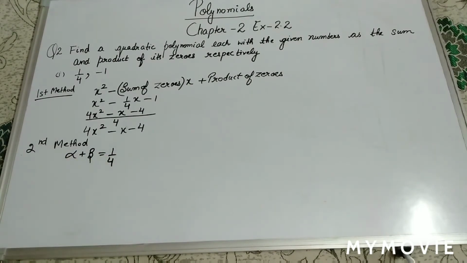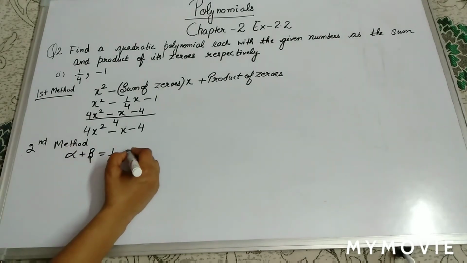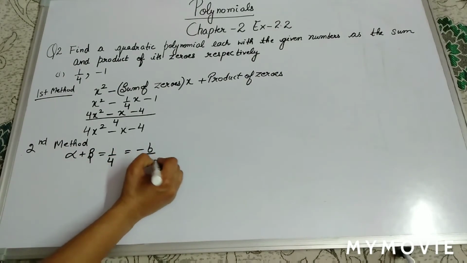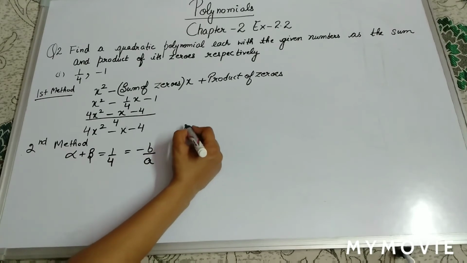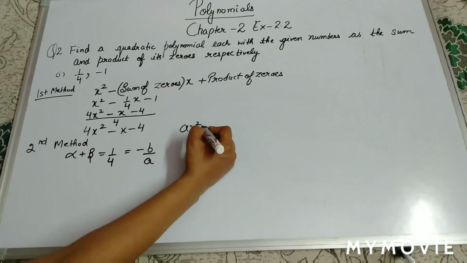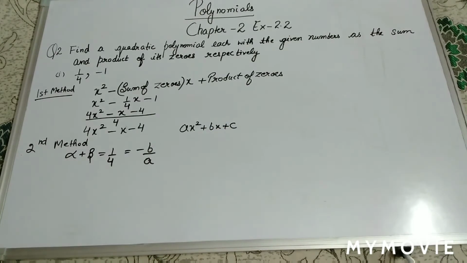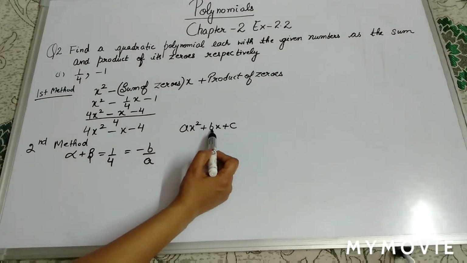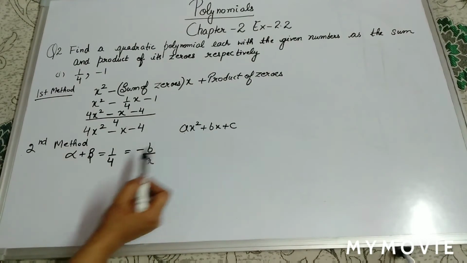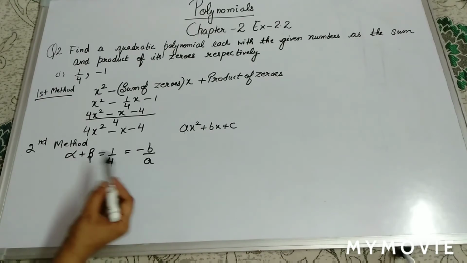The formula for the sum of zeros, as I have told you previously, is minus b upon a. How? Because the quadratic equation is of the form ax square plus bx plus c, and the sum of zeros is equal to minus coefficient of x upon coefficient of x square. So minus b by a.